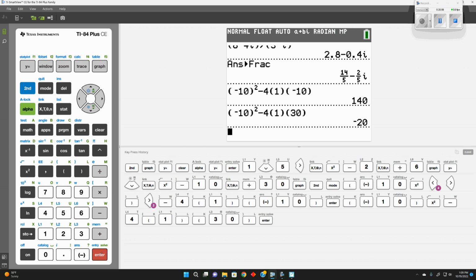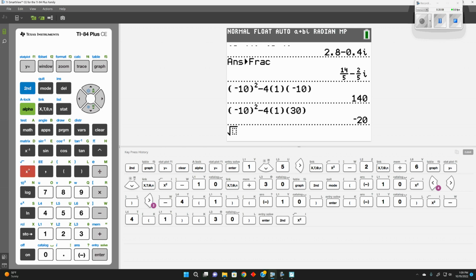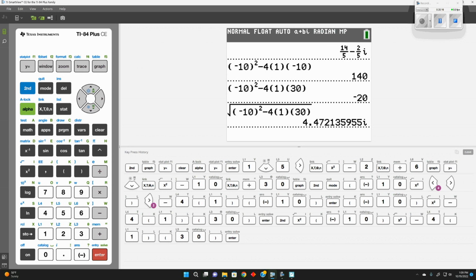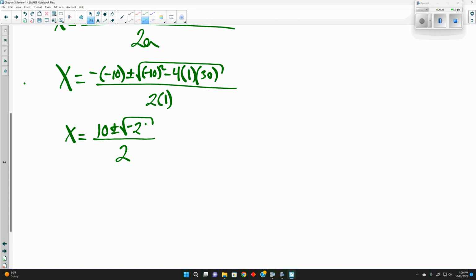Now, part of the reason I leave it in this form is that if I'd typed it in with the radical, I would get a decimal. But if it's not in a plus bi form, it's going to tell us that it's non-real solutions. So here we can come back over and write negative 20.